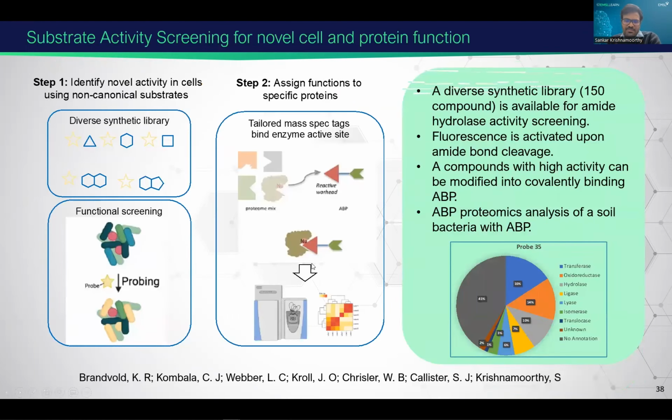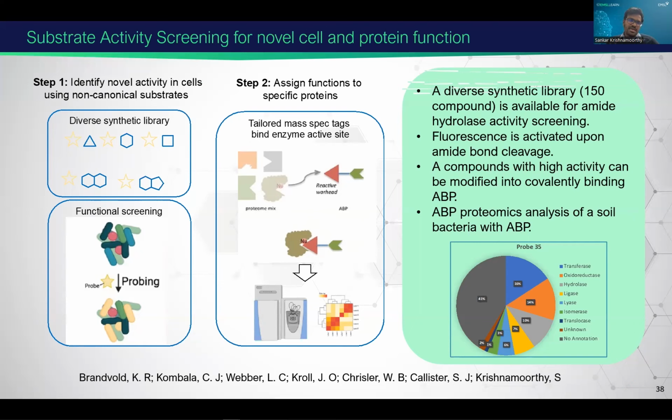So I introduced you to two types of probes where you actually need the substrate information. If you don't have that information, that's where we have substrate activity screening. We developed this large library of synthetic compounds attached with a fluorophore, very similar to the second type of probe that I talked about.